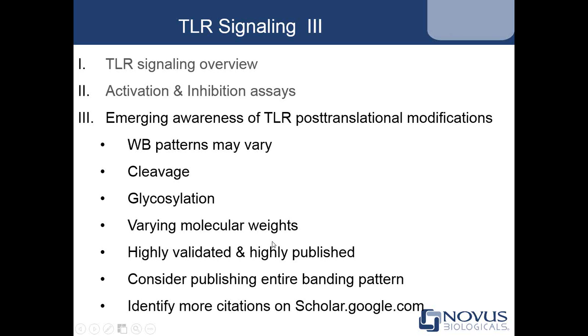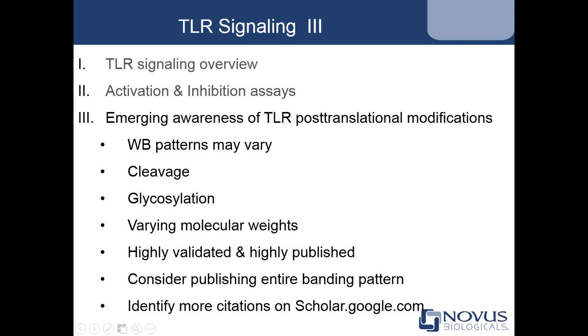Most all of our TLRs are highly validated and highly published. And I would encourage you to look at the Western blot publications that we have on our data sheets, because we've taken a lot of time to actually detail some of that. And likewise, every month more and more publications are coming out. And so if you don't see what you're looking for, going to scholar.google.com, you can search by catalog number, clone name, or you can write in to us at technical service and we will help you do that.